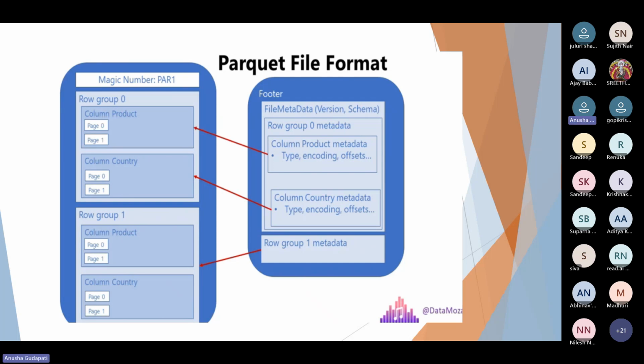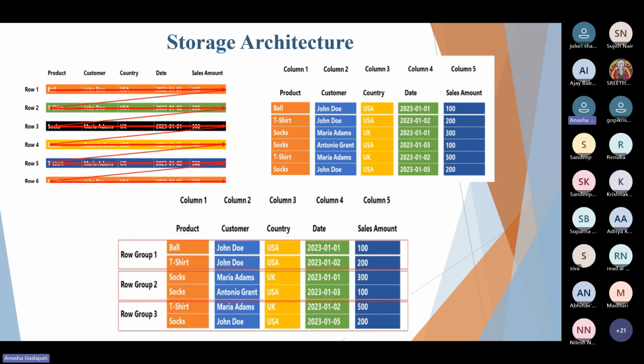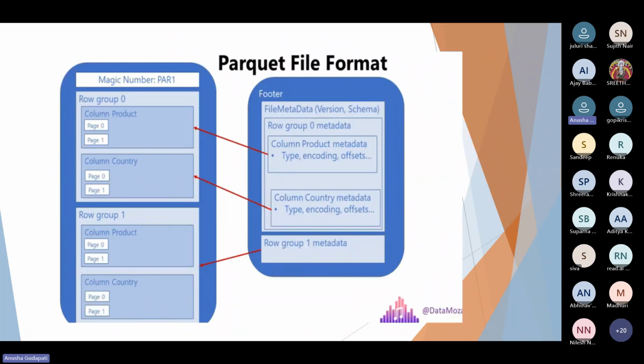And you might ask me one question. Okay, I do the row grouping here. It's all column-wise, but how does the query engine know which row group it has to go to fetch the data? That is because the Parquet file format has something called file metadata. Along with the data, it is also storing the metadata of the file or the table, which means it is storing the minimum value, the maximum value, the data types, and the encoding.